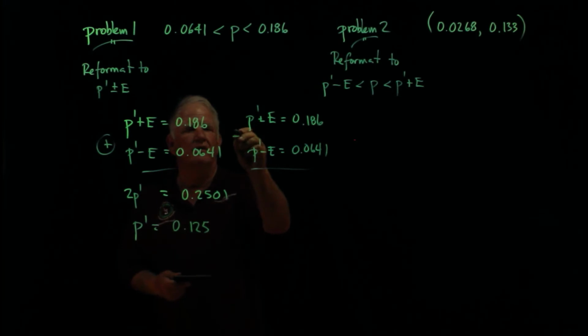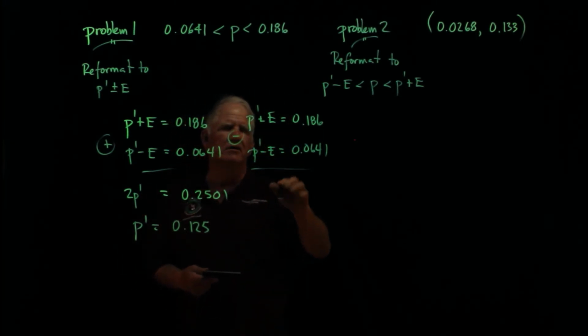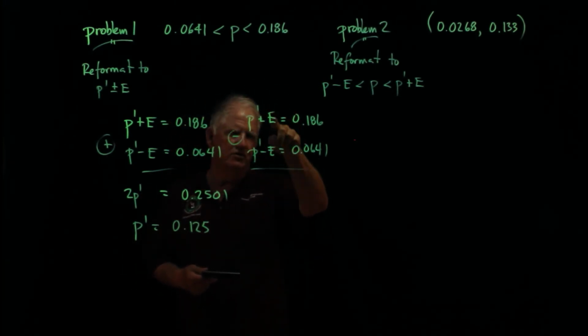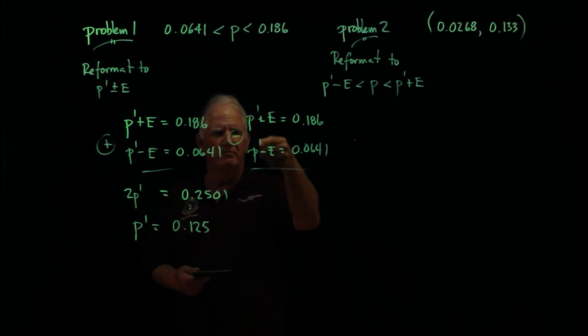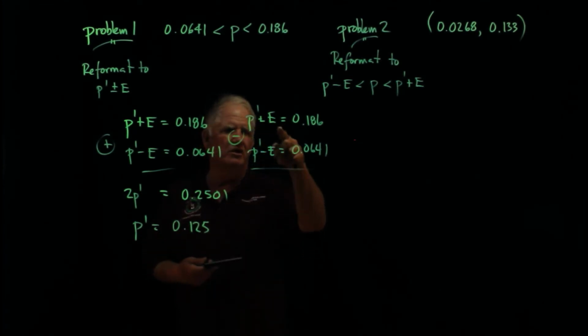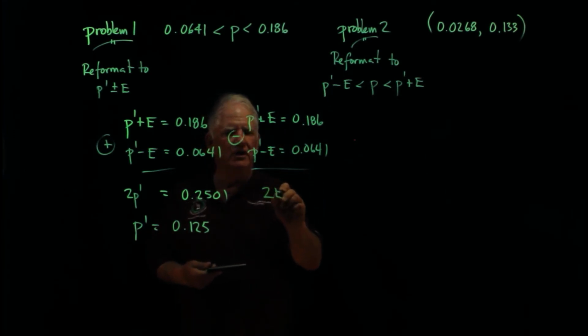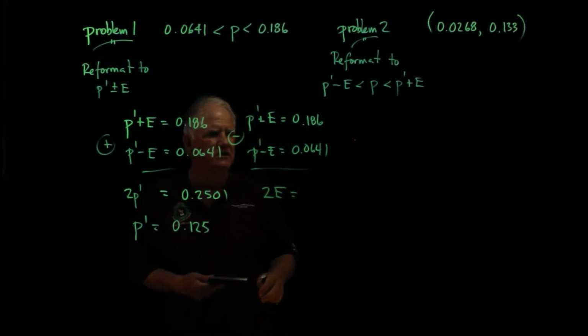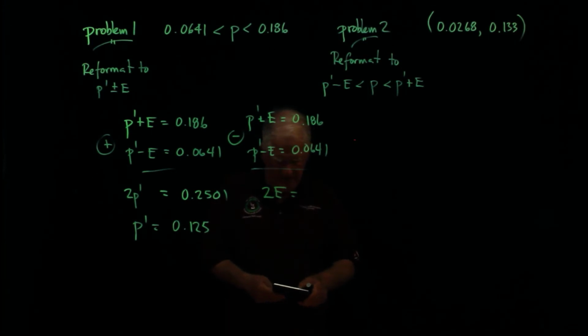Let me come over here to this set of equations now and subtract this equation from this equation. When I subtract P prime from P prime, I get 0. When I subtract minus E from E, I get 2E. I know, it seems strange. But let's now take 0.186 and subtract 0.0641.